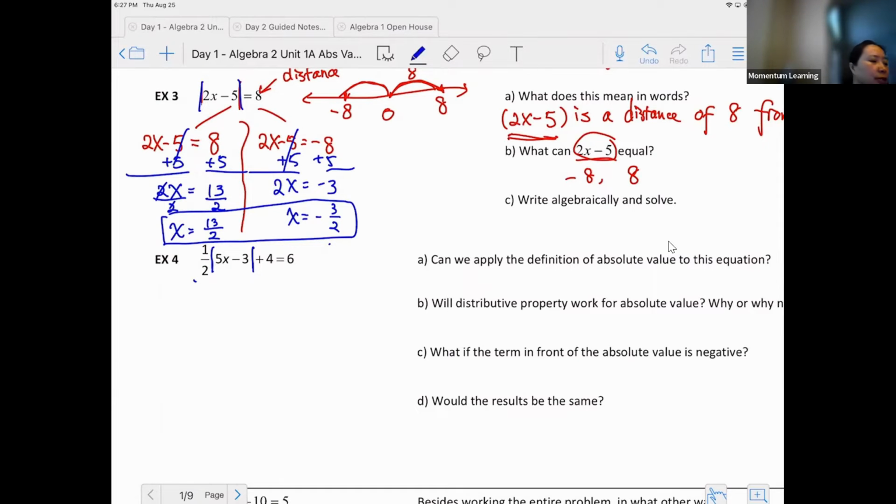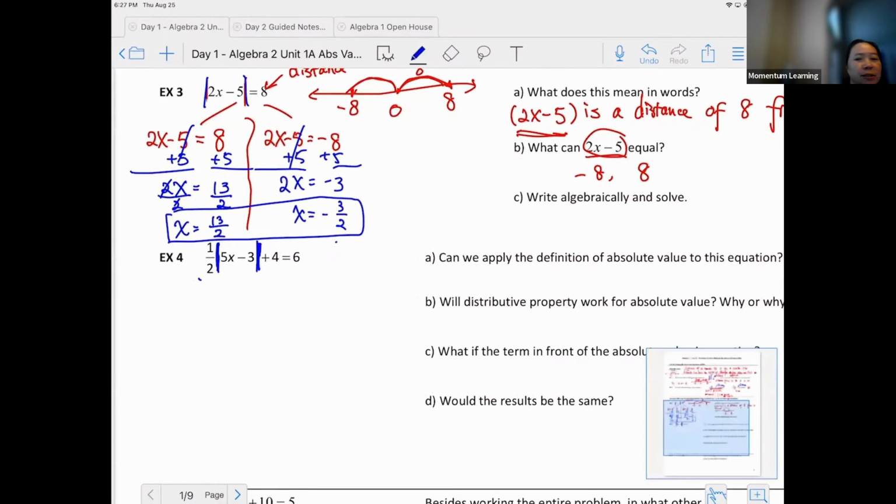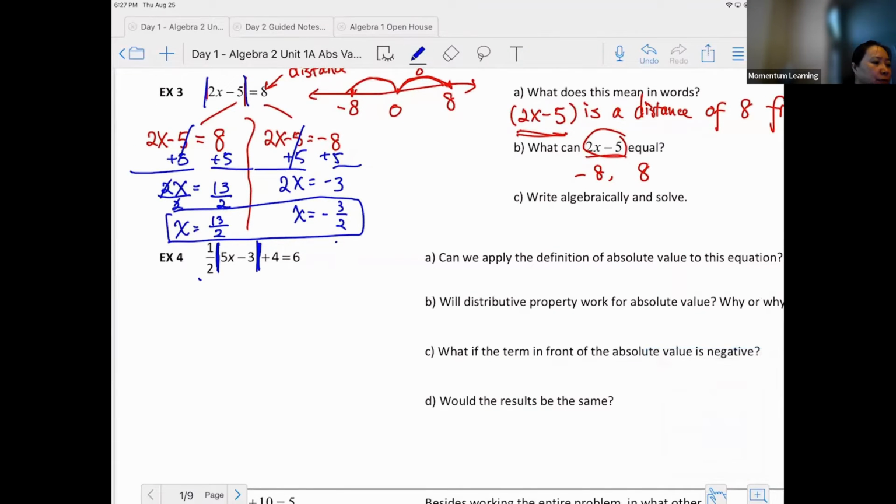So we can figure out, what's the distance? What should we do? I need to isolate this bar. What do I need to do first? Good job. Oh, you already found the answer. Yes, you need to subtract the 4 first, on both sides.